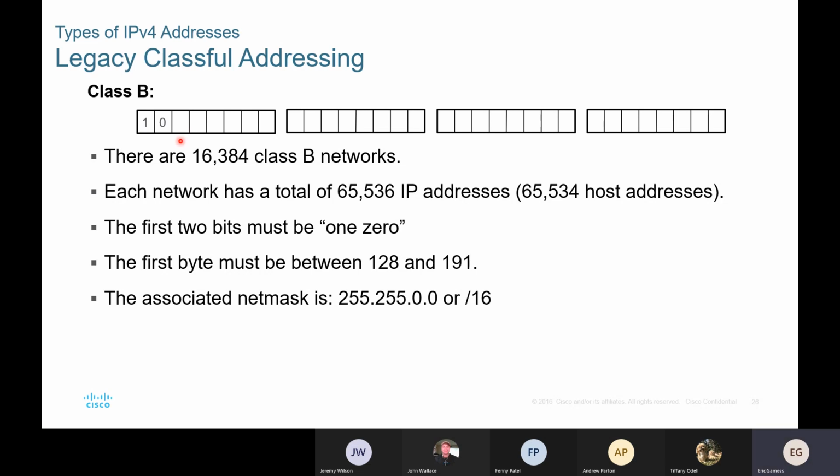So if I want the minimum value, I have to fill them 0, 0, 0, 0, 0, 0. And if you put them in 0, what will be the minimum value of this byte? 128.